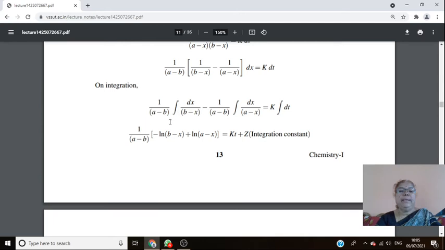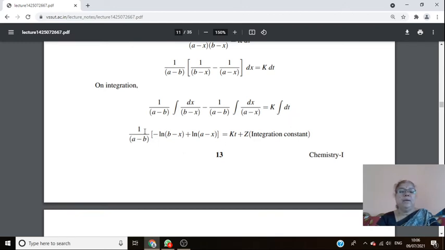On integrating, we get 1 upon (A minus B) and integration of dx upon (B minus x) minus integration of dx upon (A minus x), equal to k into integration of dt.